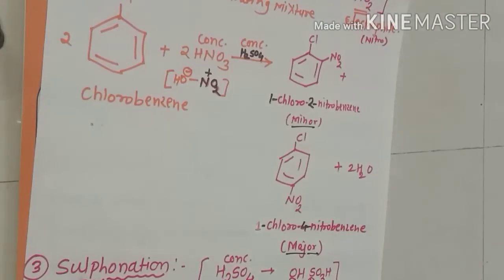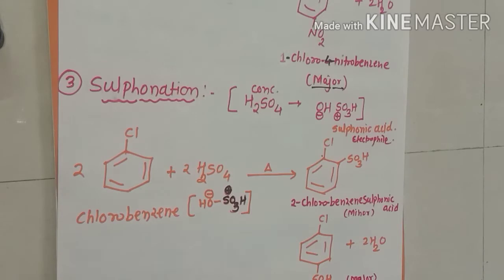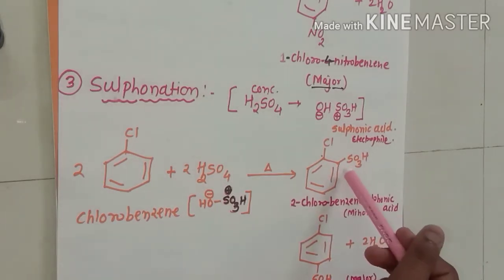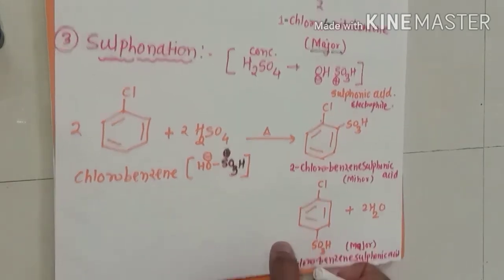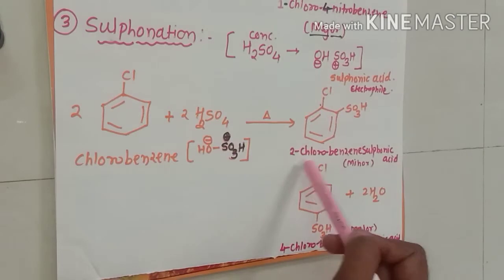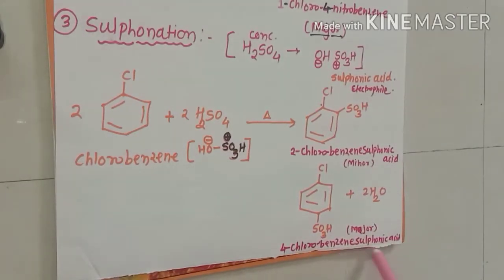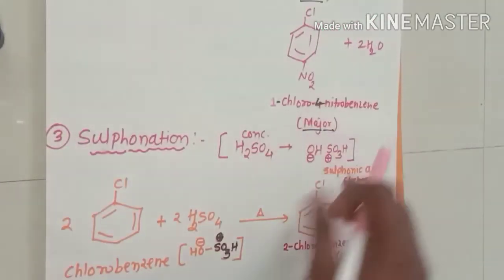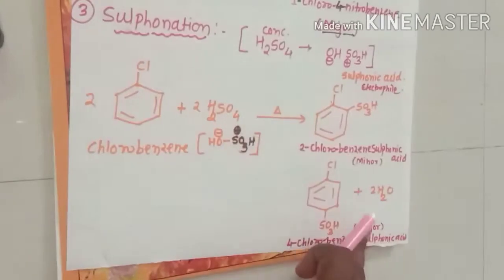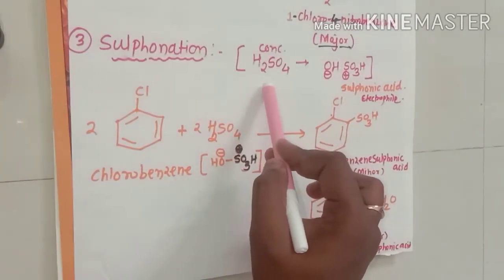The third electrophilic reaction is sulfonation. When we carry out sulfonation of halogens, again we get two products, ortho chlorobenzene sulfonic acid and para chlorobenzene sulfonic acid, that is 2-chlorobenzene sulfonic acid, the minor product, and 4-chlorobenzene sulfonic acid, the major product, with side product H2O in both nitration and sulfonation.